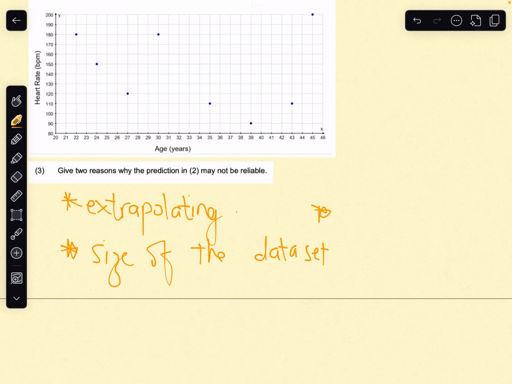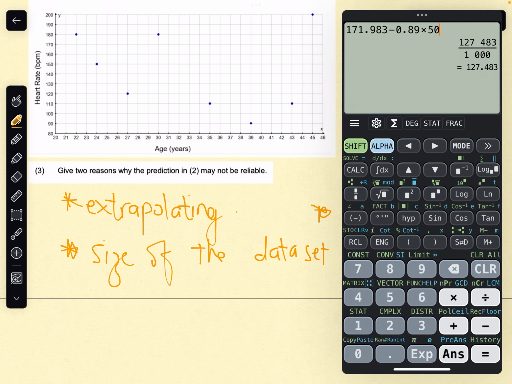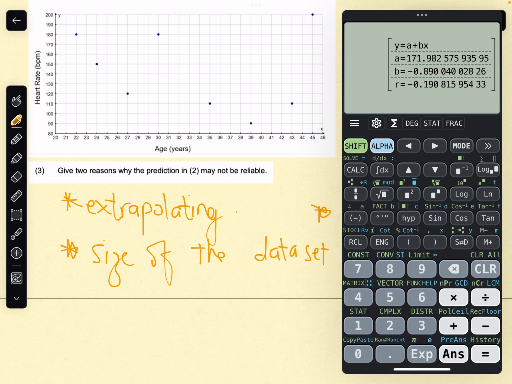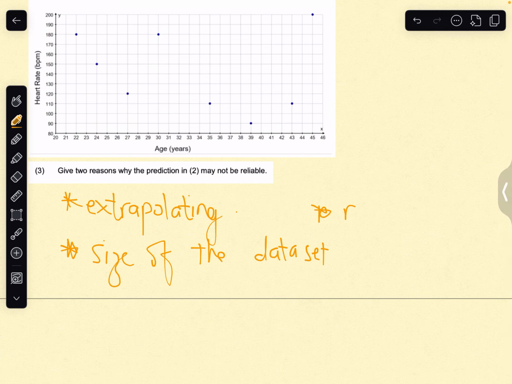R is what? So R is negative 0,191, which is very close to 0. So there just isn't really much of a relationship between the two variables. So those would be the answers that I would venture.